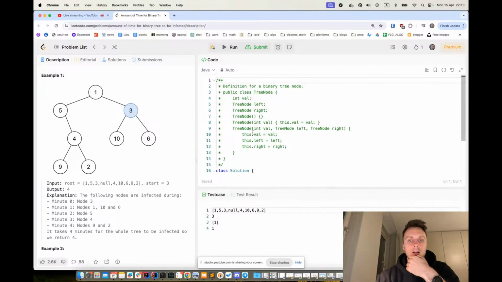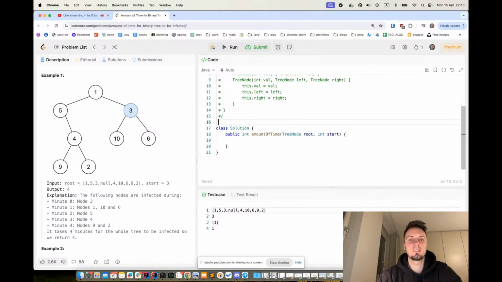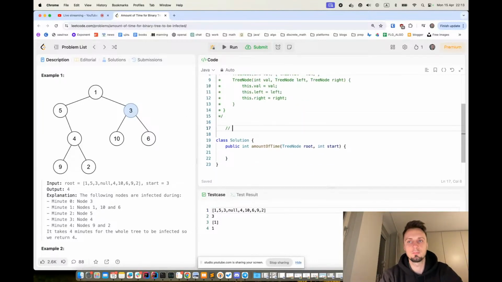So let's try to understand the question. First we have our binary tree, and we have some infected node that is called start. And we expect that actually nodes can be a lot, and all these nodes can fit in our memory.